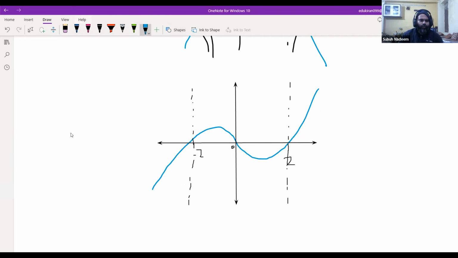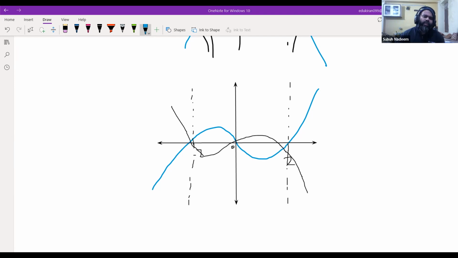Now you have to draw the reciprocal function. So will this be the reciprocal?